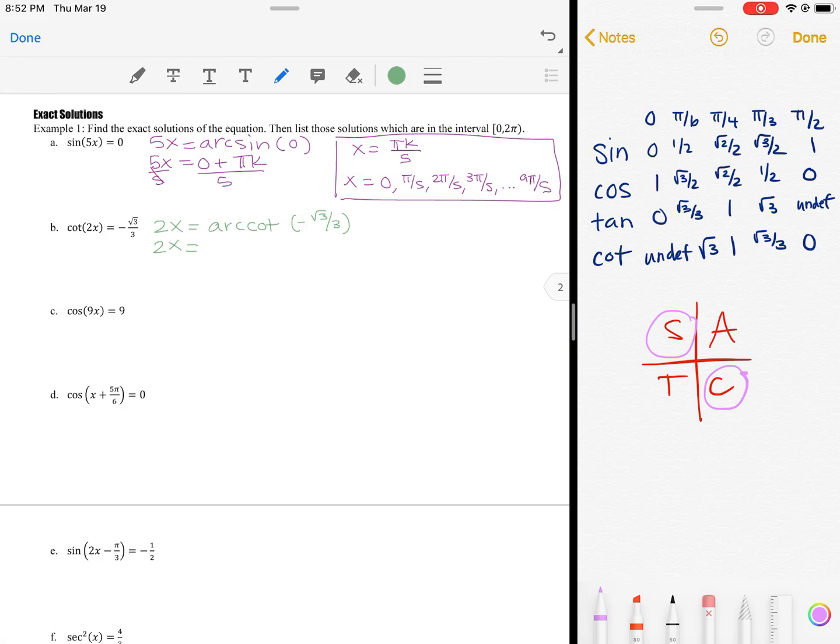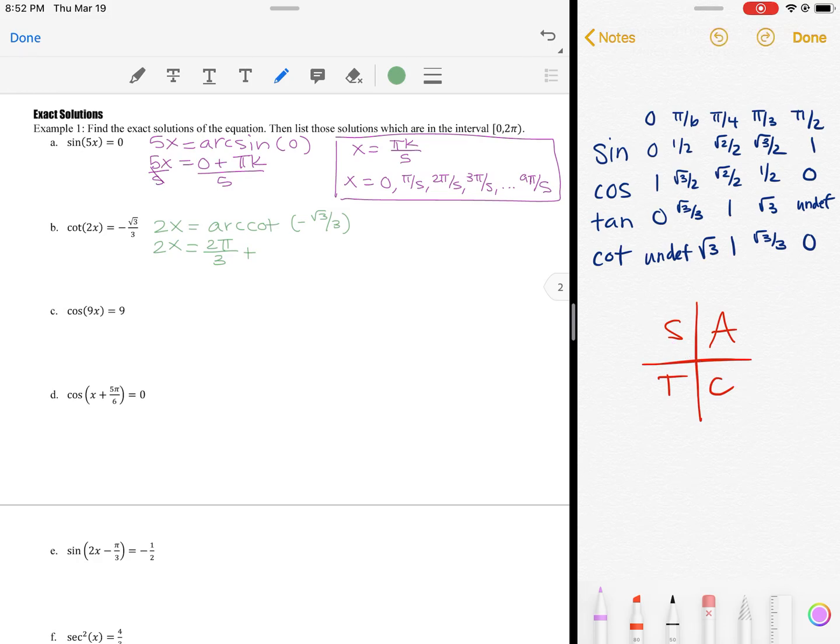We could consider the second quadrant. Pi thirds as a reference angle will give us 2 pi thirds in that quadrant. So we could call this 2 pi thirds. Or you could have used negative pi thirds, which is the same angle as pi thirds, we just add another pi.